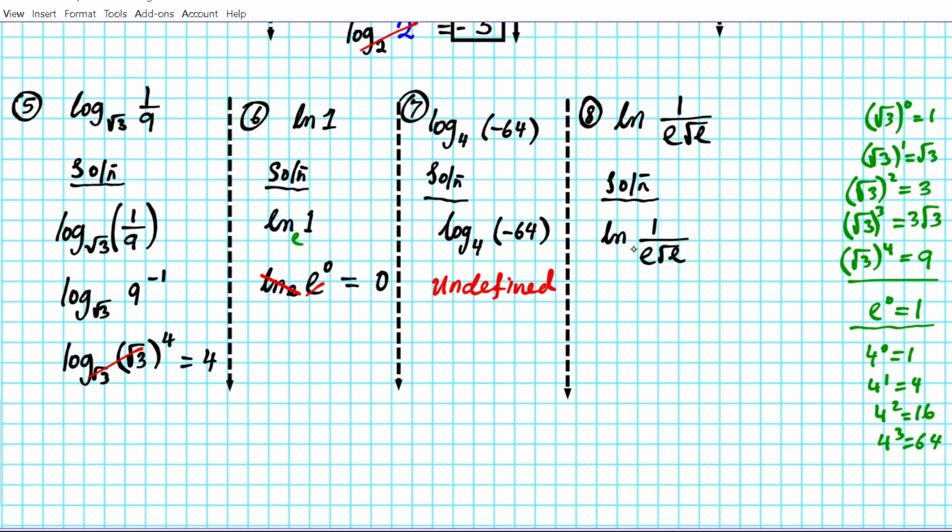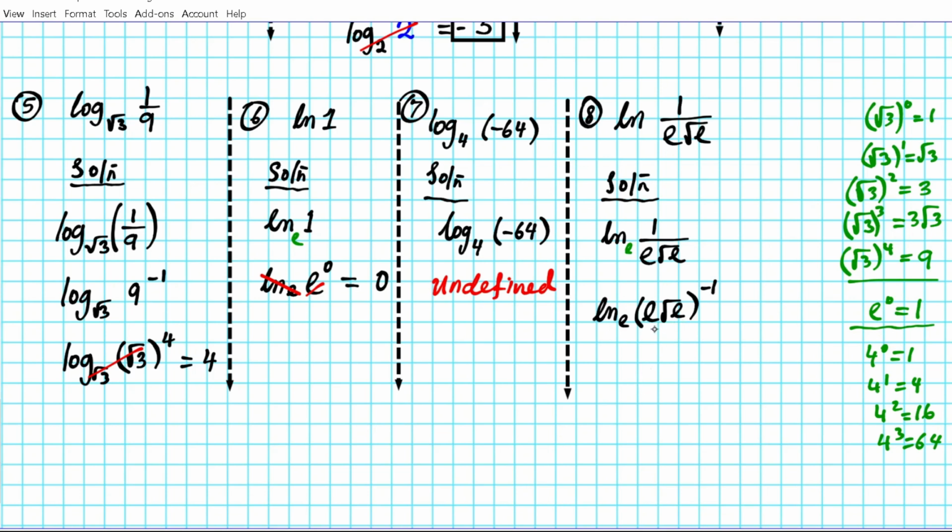Since it's a natural log, the implied base is e. So we just have to write e root e as a power of e, and we are good to go. First things first, we need to reciprocate so that this denominator ends up upstairs. So we're going to have e root e raised to the negative 1 power.